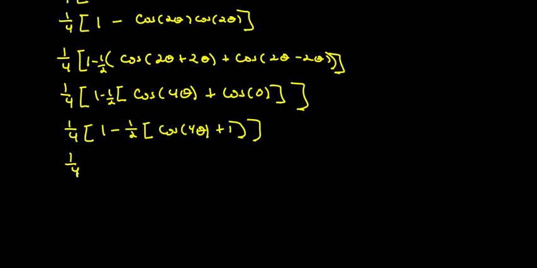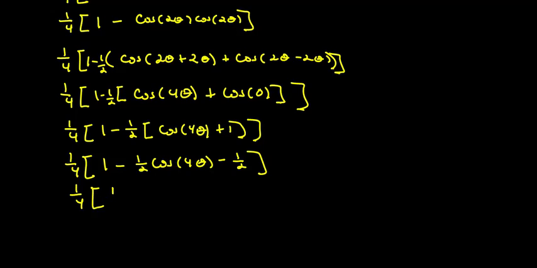This is 1/4 times the quantity of 1 minus 1/2 cosine 4 theta minus 1/2, because it's this negative 1/2 distributed in. So 1 minus a half is a half.